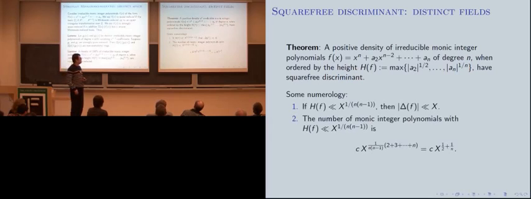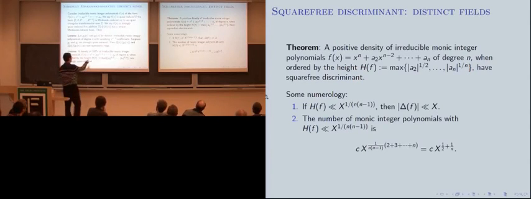So some numerology. If the height is bounded by x to the 1 over n times n minus 1, then because the discriminant is weighted homogeneous of degree n times n minus 1, you see that the discriminant is bounded by x, or some multiple of x. Now, how many of these integer polynomials are there with height bounded by x to the 1 over n times n minus 1?